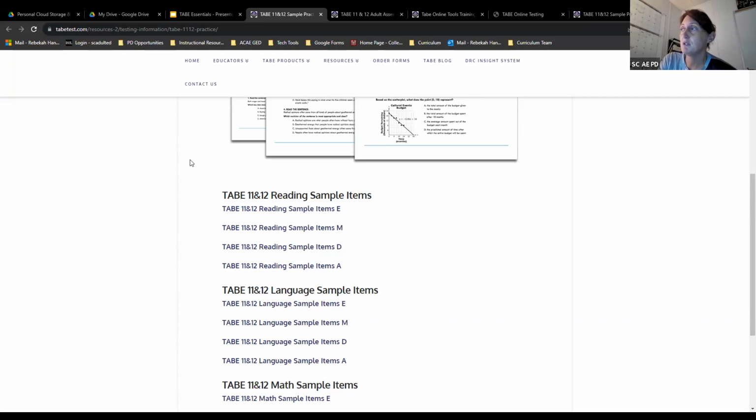And remember, the M book goes up to a level 4, which we'll look at here in just a second, but you're looking at your higher elementary there. Your D book is really those middle school grade levels, from 6th and it can go up to 9th, and then your A is your high school level. And I'll be honest, we don't have many A's coming out of our TABE assessments.